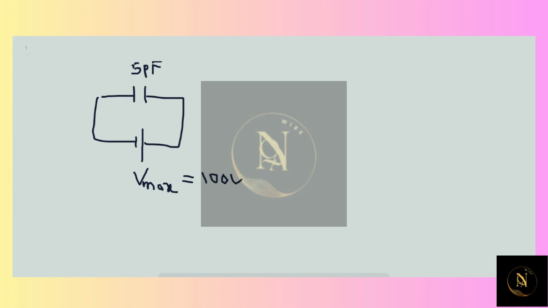And the maximum electric field between the two plates of this capacitor, Emax, can be 10 raised to 4 Newton per Coulomb. So this is the maximum potential and this is the maximum electric field across the two plates of the given capacitor.